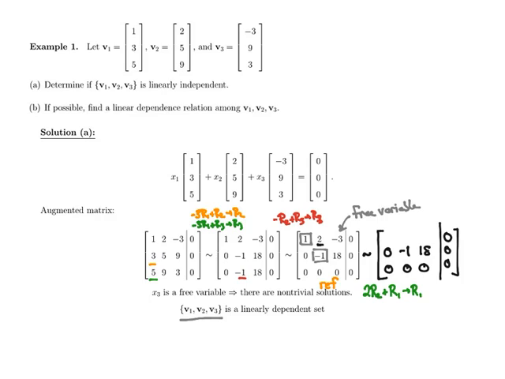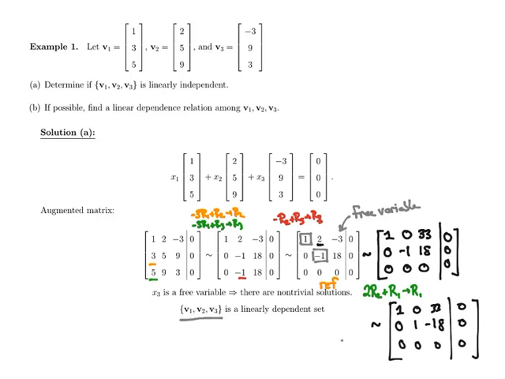That'll give me a 1 here, a 0 here, a 33 here, and then a 0 at the end. And then if you want to change it into reduced echelon form, you need a 1 in that final spot. So we'd have one more matrix here: 1, 0, 33, 0, 0, 1, -18, 0, and zeros, and we get that by just taking negative row 2 into row 2 to create a 1 in that middle pivot.